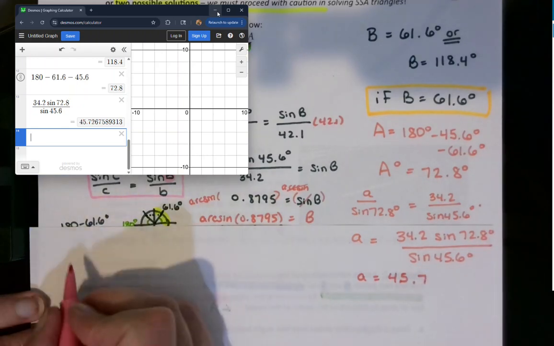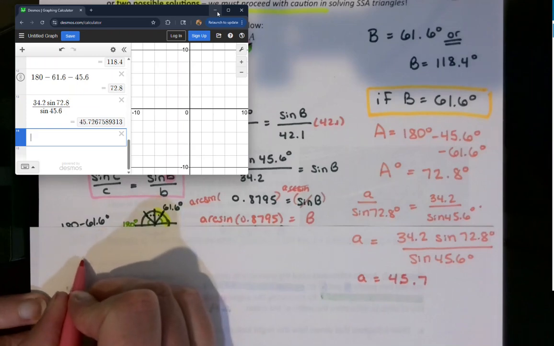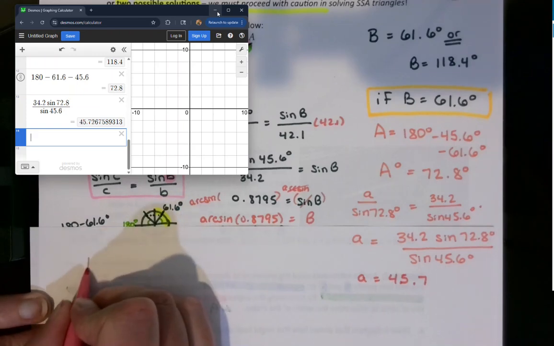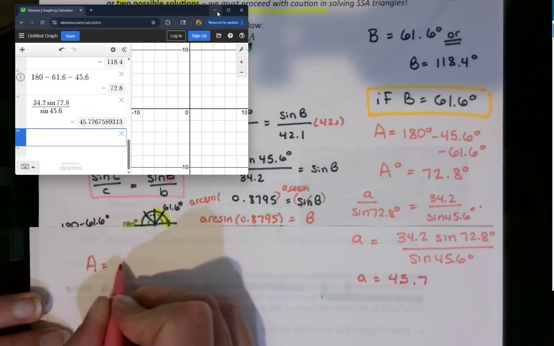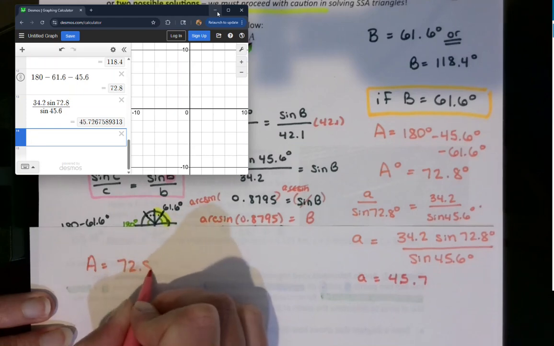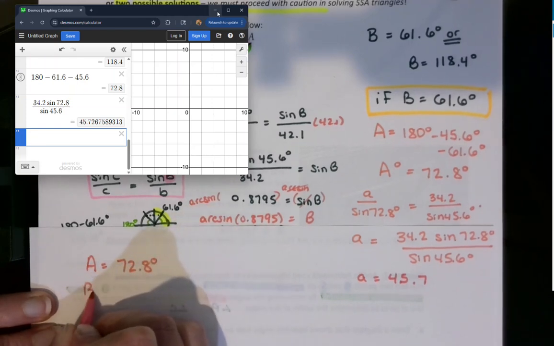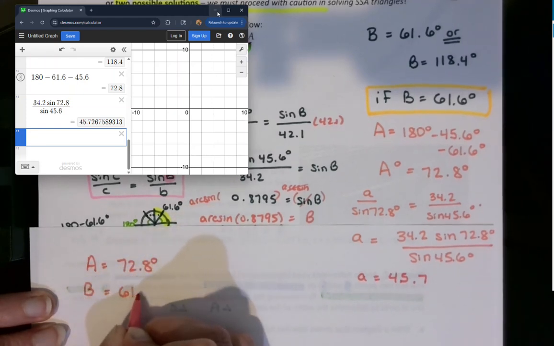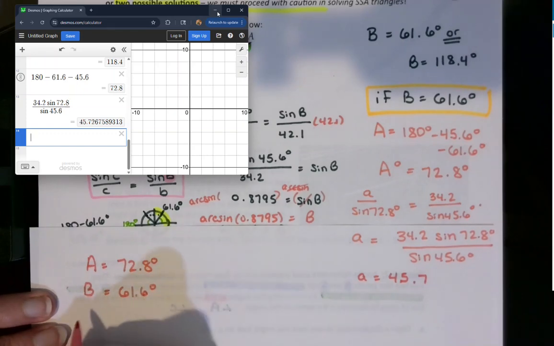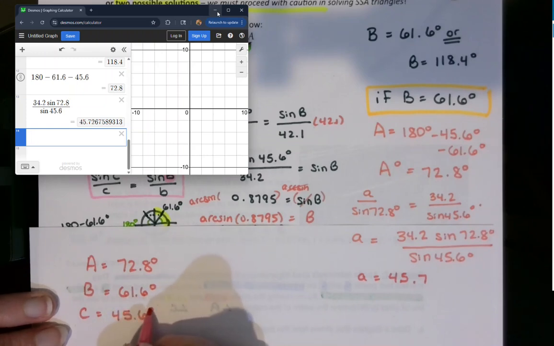So in this version of solving, we have the potential solution where angle A is 72.8 degrees. Angle B was 61.6 degrees. Angle C, that was known to us as 45.6 degrees.